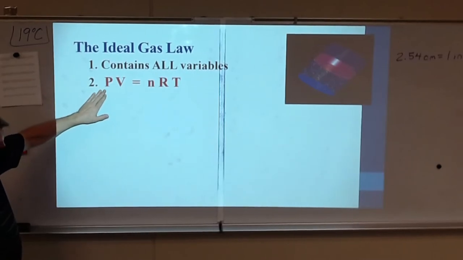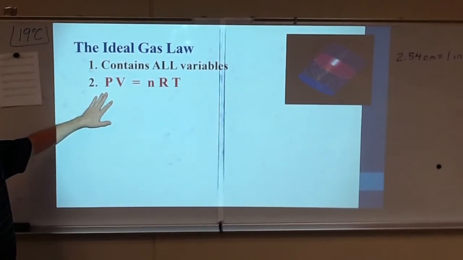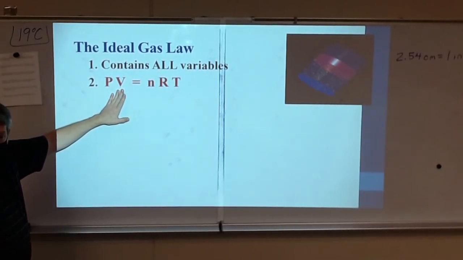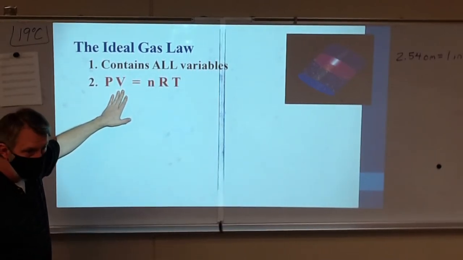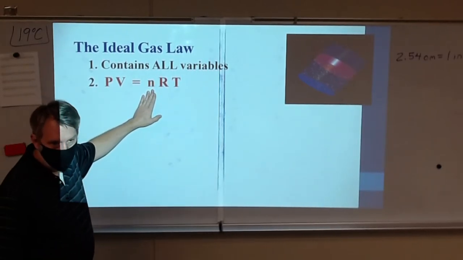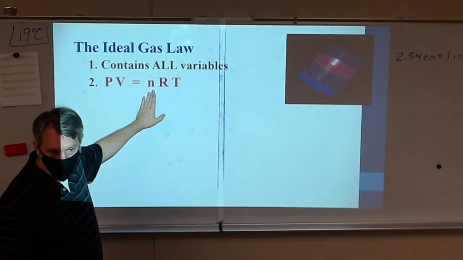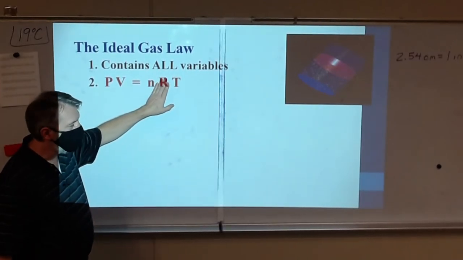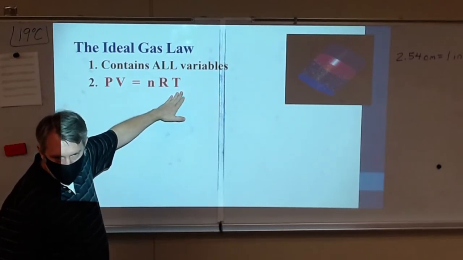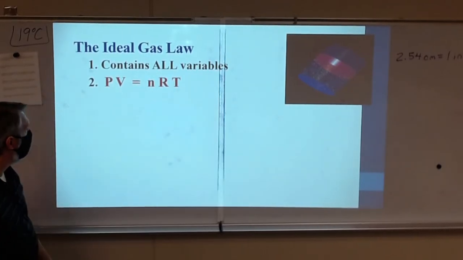And to use this law, we have to use units of ATM. Volume, we're going to have to use liters. N is going to be what? In moles, right? R we're going to talk about in just a second. T is going to be temperature in what units always? Kelvin. Very good.